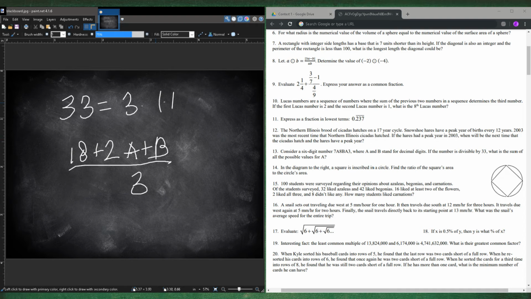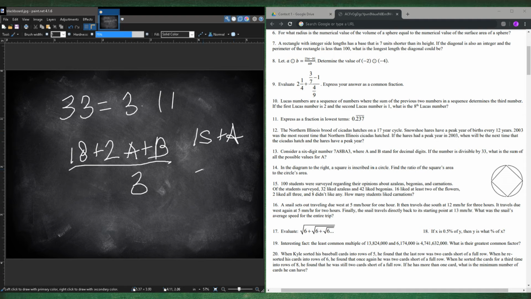And the divisibility rule for 11 is that you add the alternating digits, then subtract the other alternating digits. So you add 7 plus 8 plus A, that's 15 plus A, and then subtract A, subtract B, and subtract 3.